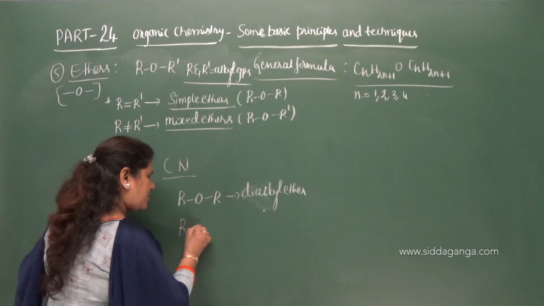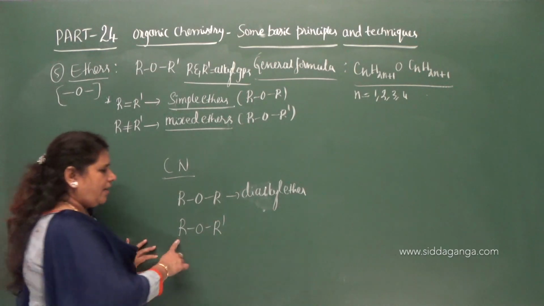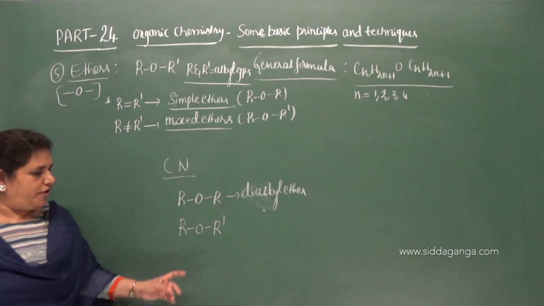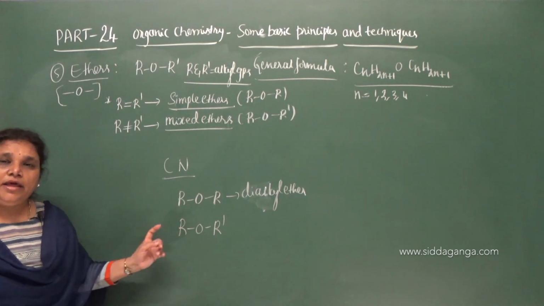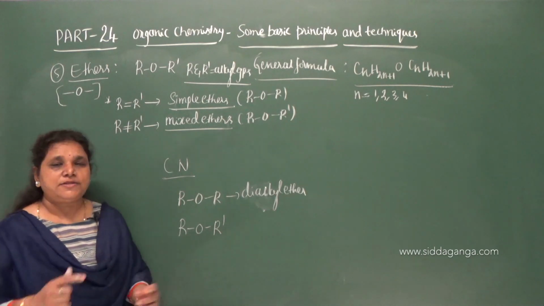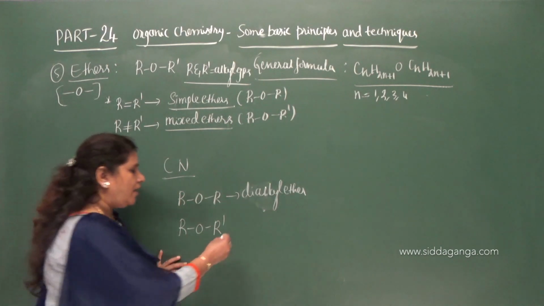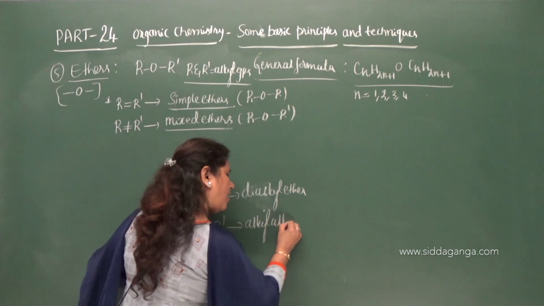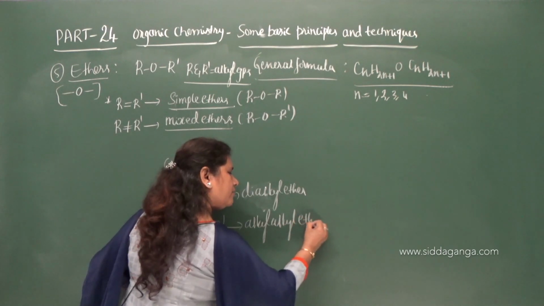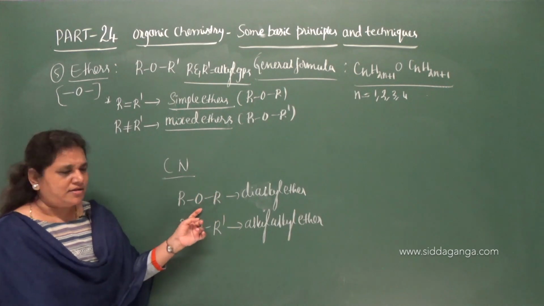If it is a mixed ether, R dash, how to name it? You have two different alkyl groups here and you have to arrange the names of the alkyl groups in alphabetical order, and hence the name will be alkyl alkyl ether. So dialkyl ether is the common name of simple ethers.